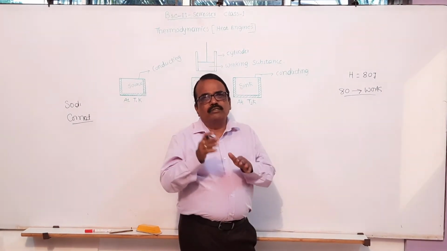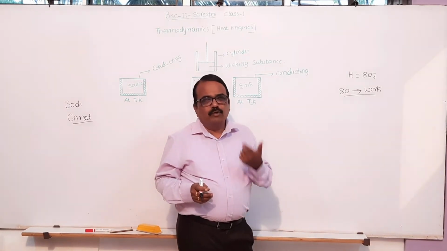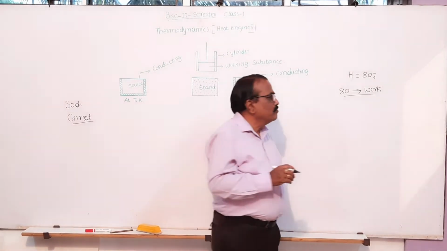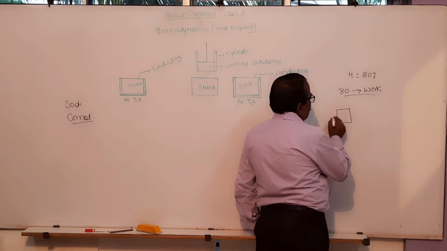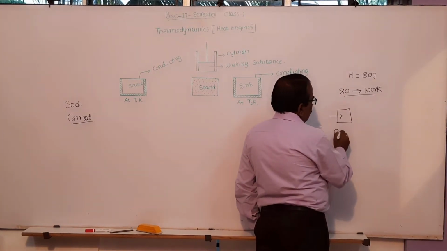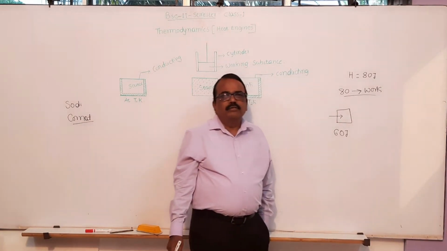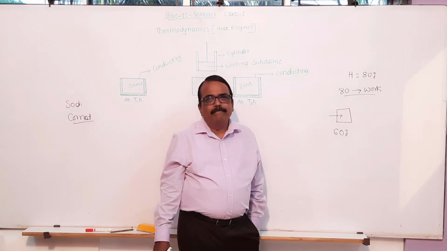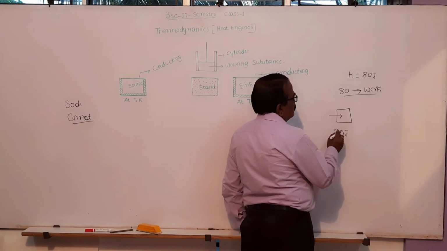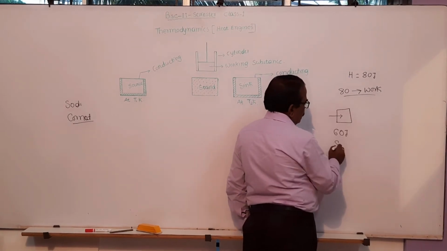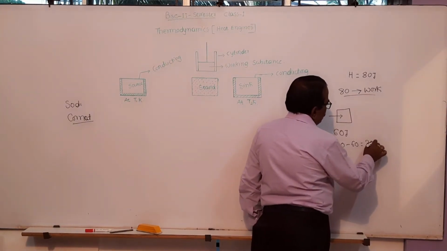But you know, machine means it rotates, engine means it rotates. Friction occurs. There is always some loss. See, by giving 80 joules of heat to this device, if 60 joules of work is done, then the amount of loss of energy is 80 minus 60, which is 20 joules.